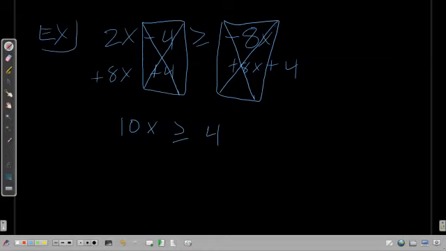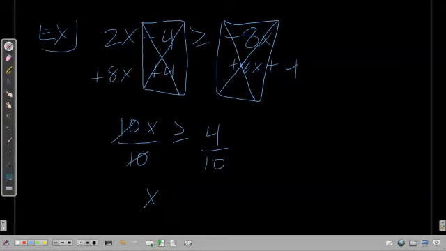Additive inverses are done because there's no more addition. So I would move on to multiplicative inverses. I should divide both sides by 10. I must divide by 10 because then 10 over 10 is 1. It says 1 times x. Multiplicative identity says that 1 times x is just x.